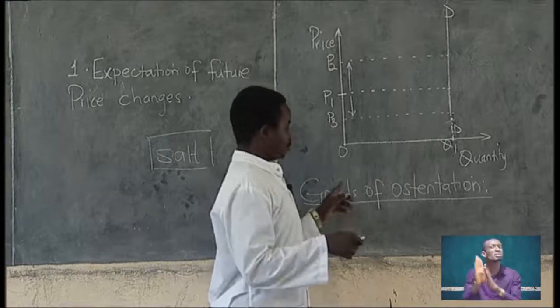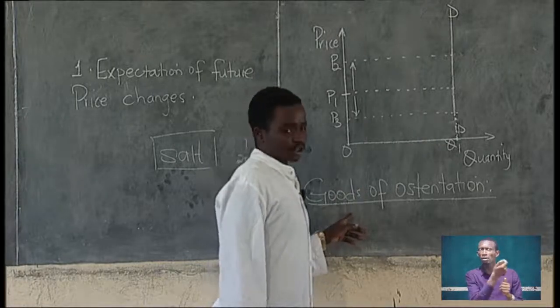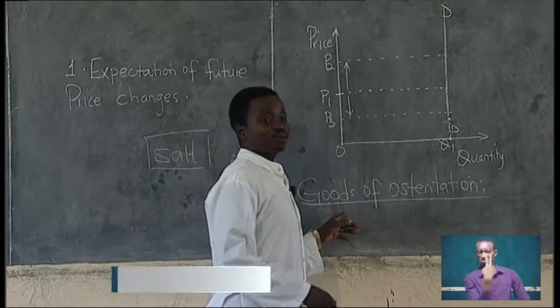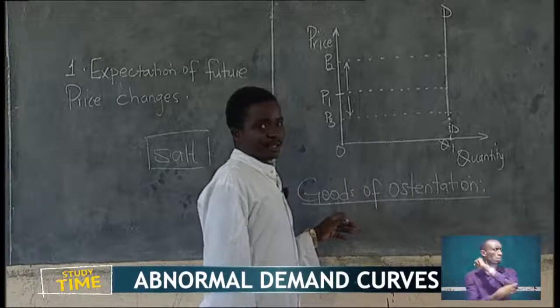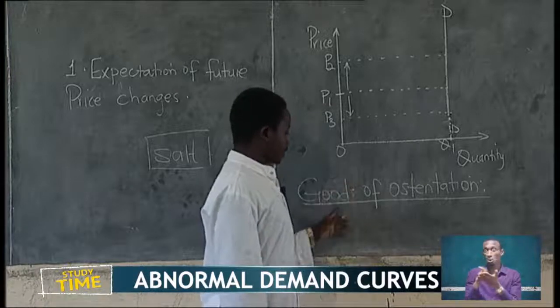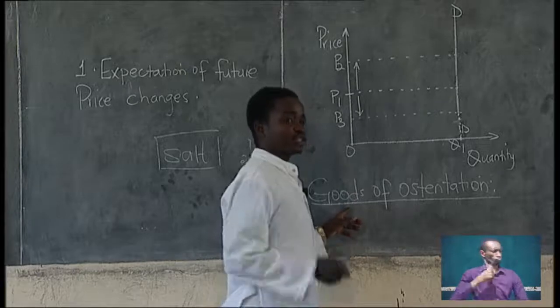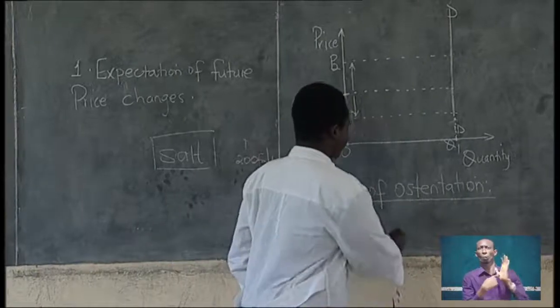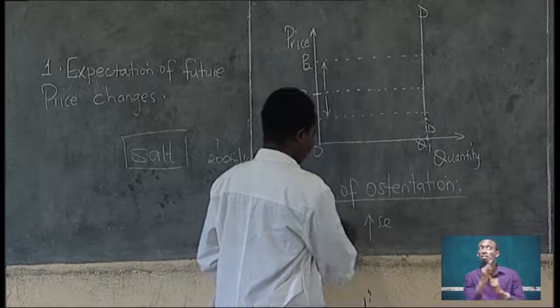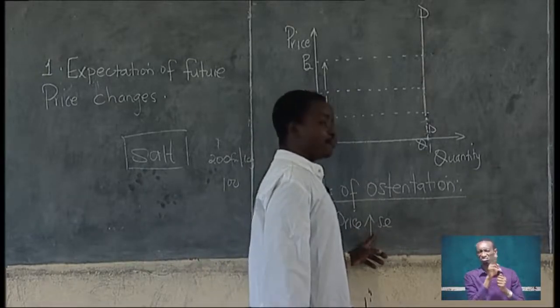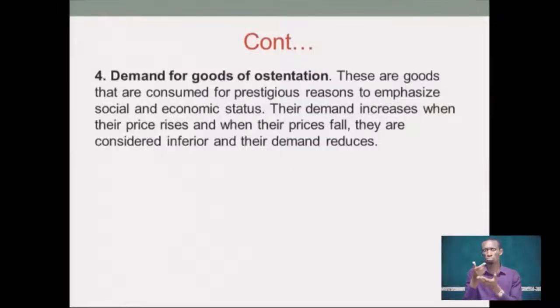And when prices of these goods reduce, they are considered inferior, and then they will not be consumed, or their demand reduces. So people who consume such goods to emphasize their economic status, when the prices increase, will buy more of those goods to show off that maybe they are rich, they can manage what other people have failed to manage.